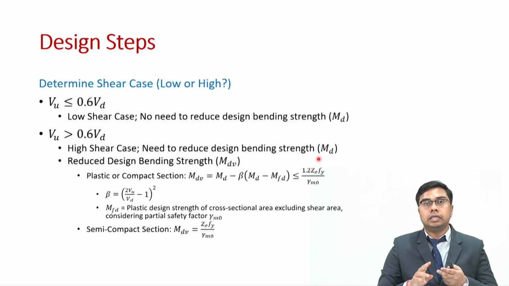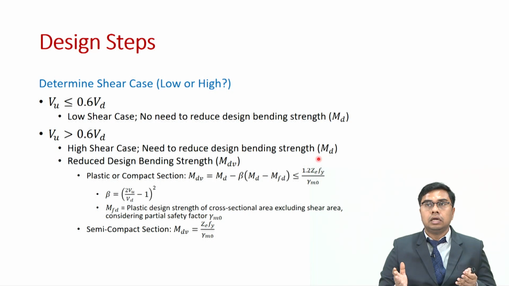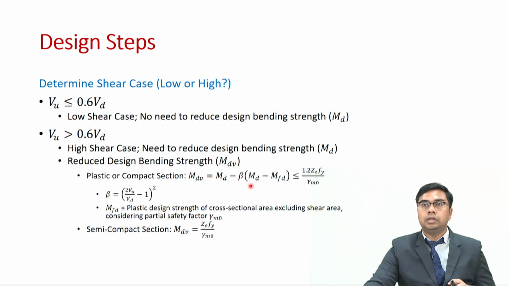It means that for such a high shear, the design bending strength cannot be leveraged and you need to reduce your design bending strength. The reduced design bending strength is given by MdV, which is equal to MD minus beta times MD minus MFD, and this has to be less than or equal to 1.2 times ZD divided by gamma m0, and this is true for plastic section.